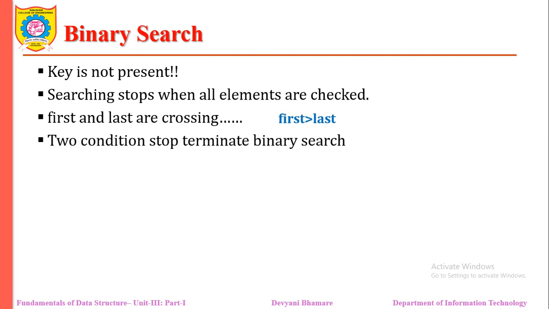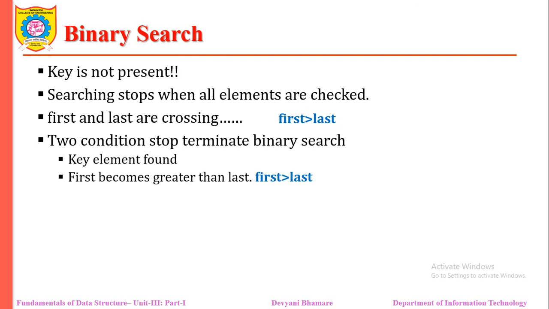While our first has a larger index than last, at that time we say that all elements have been checked. So there are two conditions to terminate our binary search. One is the element is found, and the second one is the index first becomes greater than the last index.